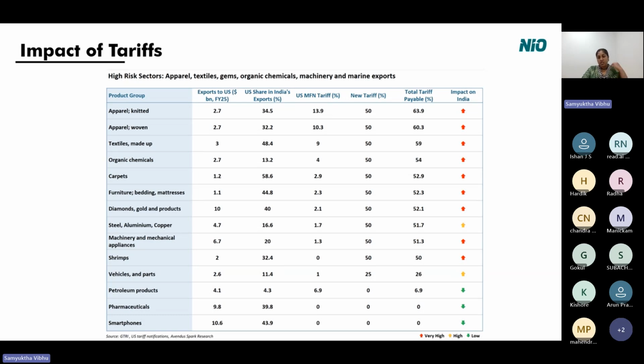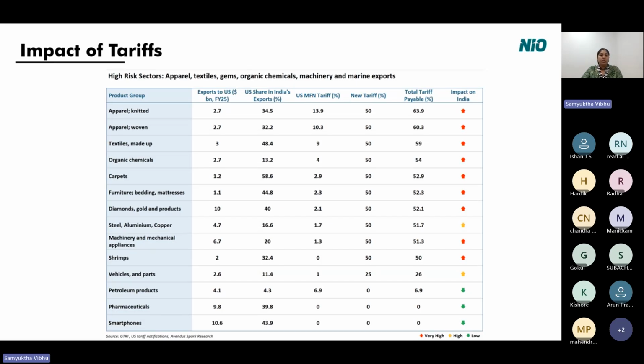So this essentially means that you cannot compete with other markets at all, because even if you are the best producer at the starting cost, your goods are going to cost 60% more than other goods, right? So then automatically there will be a shift that happens in terms of prioritizing India versus other economies.